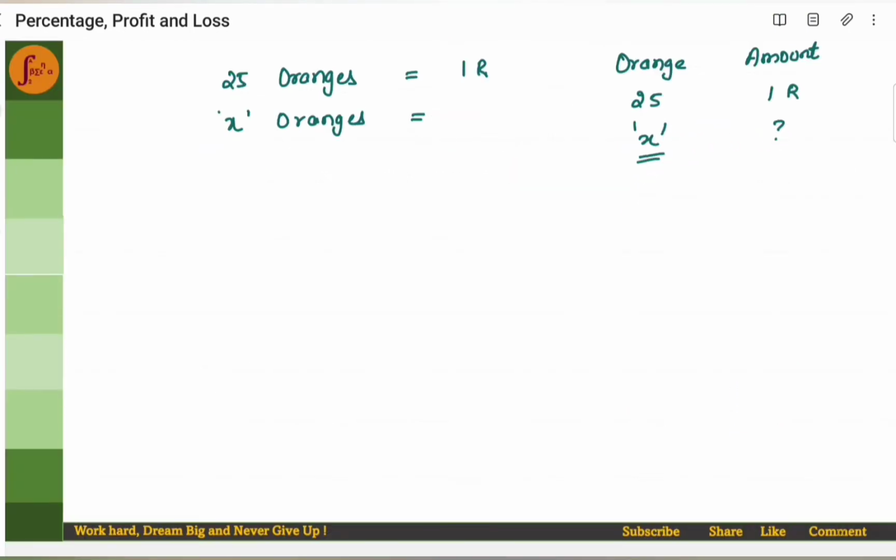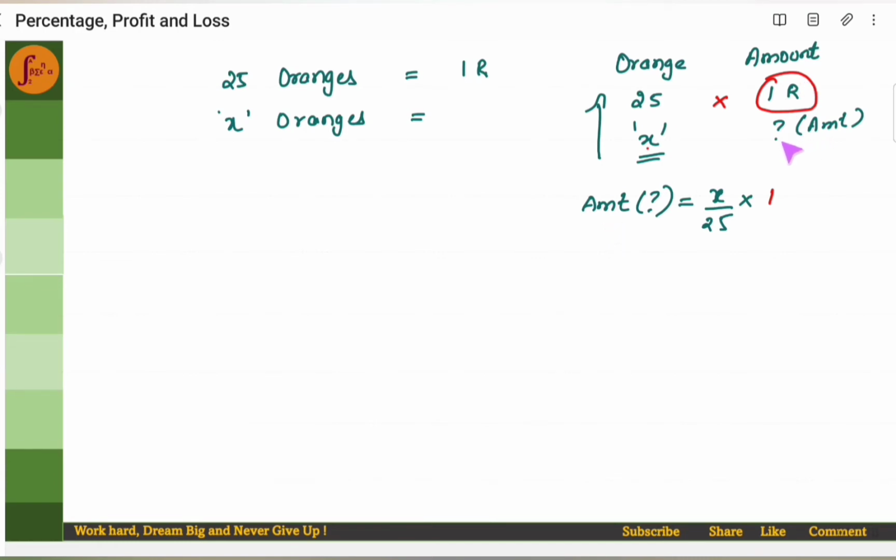So the way we will have to solve this is, I'll write amount with a question mark. Amount is equal to X by 25 into 1 rupee. That's how we have to do.